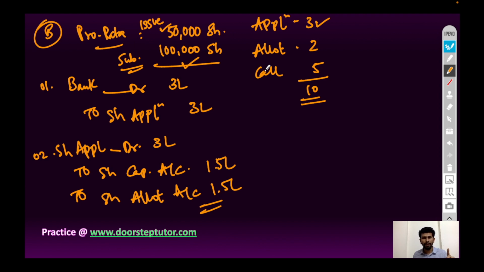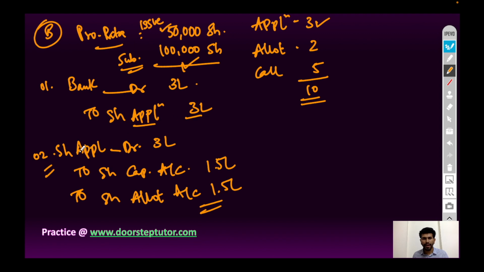So the first entry will be 1 lakh into 3, bank account debit 3 lakh, because application money is received for 1 lakh shares. So application received multiplied by application money, bank account debit to share application account, and transfer of application to capital, share application account debit 3 lakh.